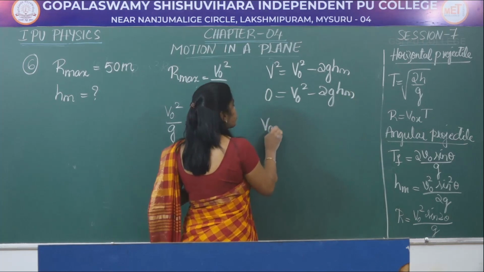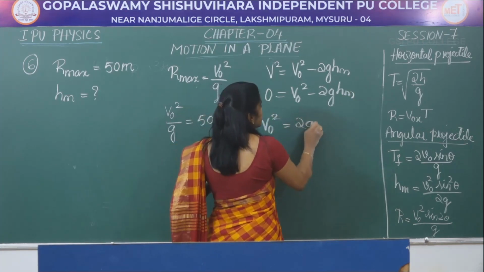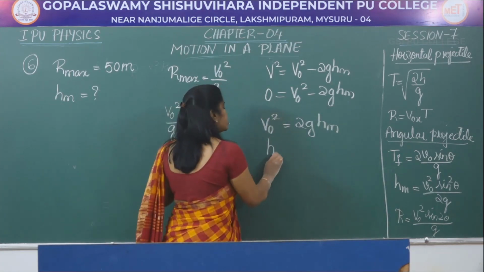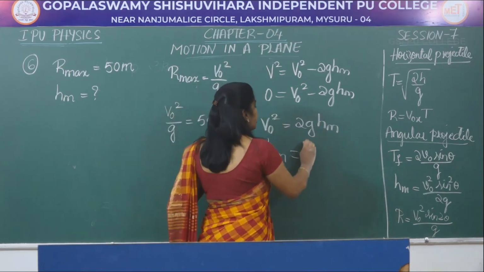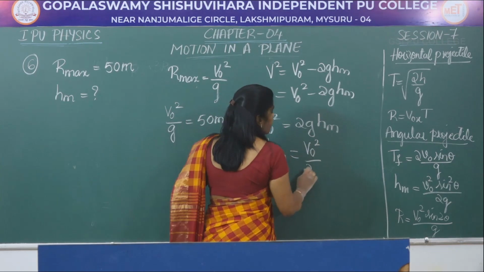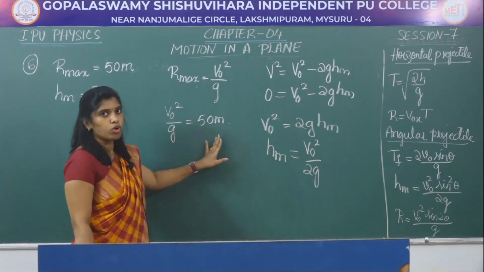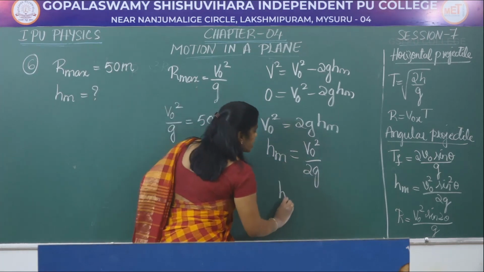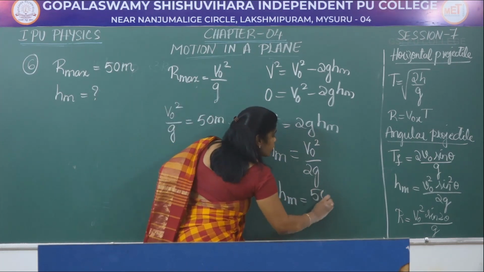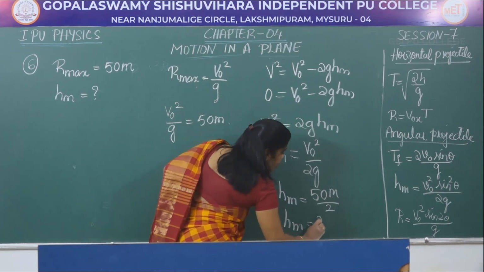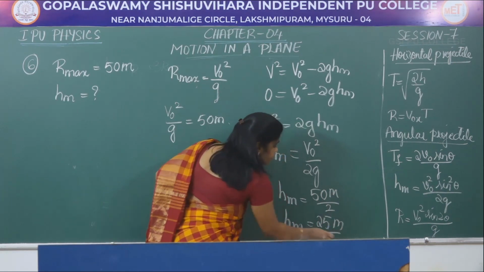If I rearrange this formula, I am going to get V naught square is equal to 2gHM, or HM, which I have to find, will be equal to V naught square by 2g. But V naught square by g is already known to us, which is 50 meter. Therefore HM will be equal to 50 meter by 2, that is 25 meter.